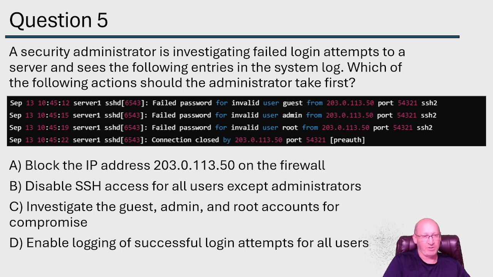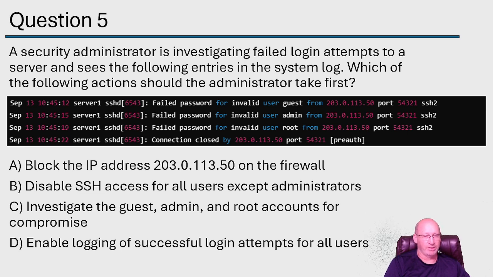A security administrator is investigating failed login attempts to a server and sees the following entries in the system log. Which of the following actions should the administrator take first? Here we see that on September 13th, starting at about 10:45 in the morning, we see server 1, SSH. We see failed password for invalid user guest from an IP address. Then we see admin. Then we see root. And then we see the port, 54.321, not our standard port for SSH.